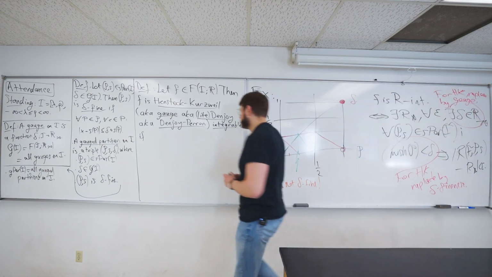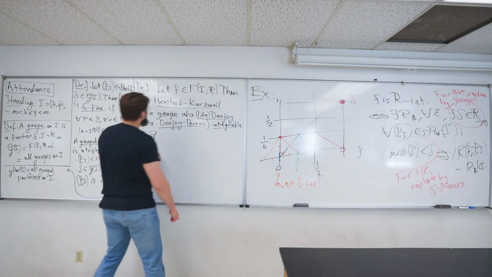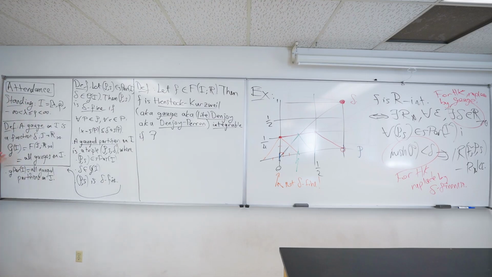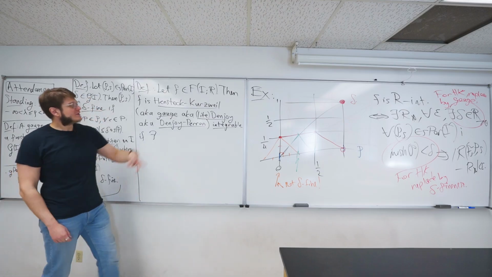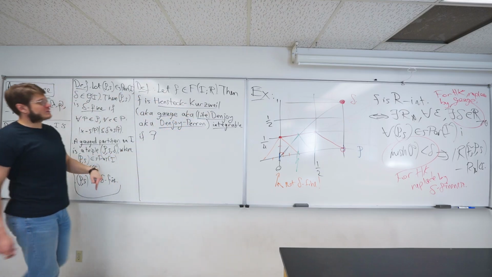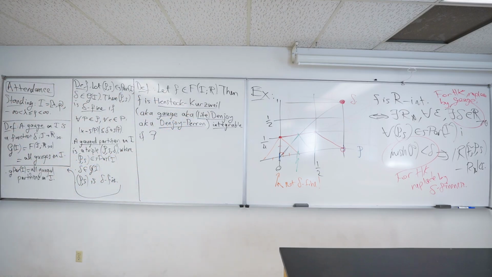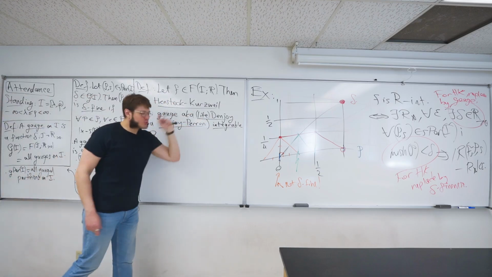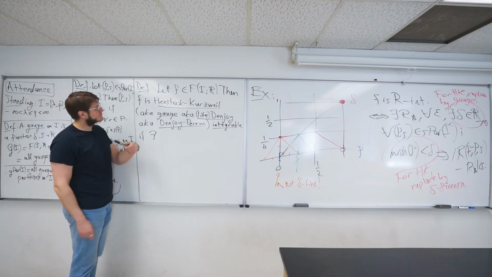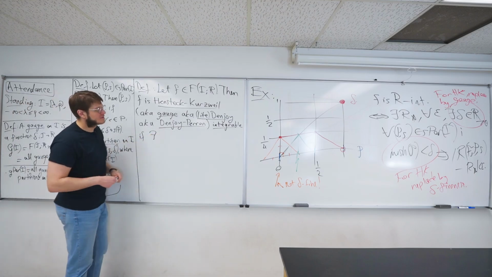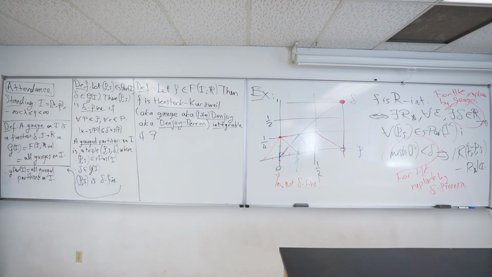Let f be an arbitrary function on I taking real values. Then f is called Henstock-Kurzweil or gauge or Denjoy or Denjoy-Perron integrable, because technically it was Denjoy who came up with this idea first, and then 20, 30 years later, Perron, I think independently, also figured it out.